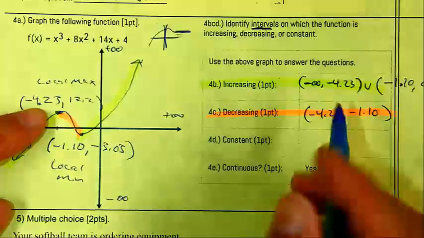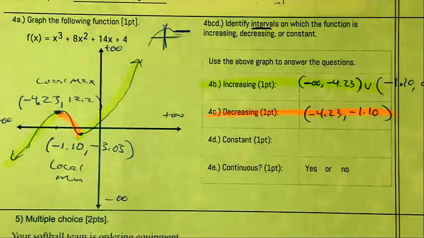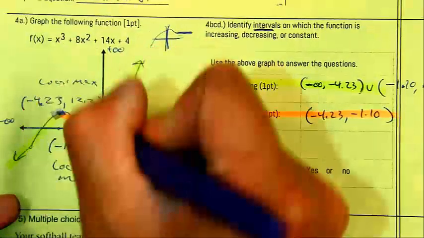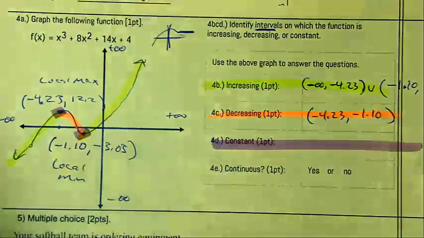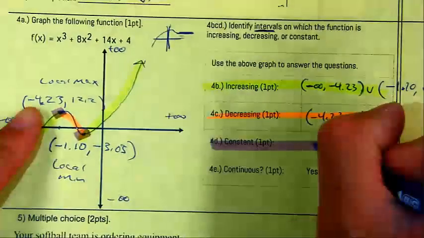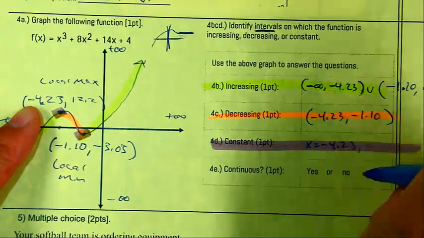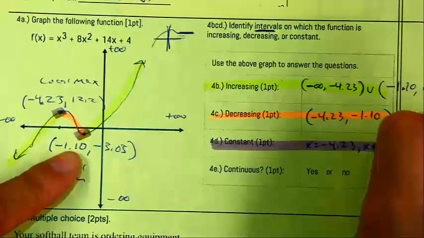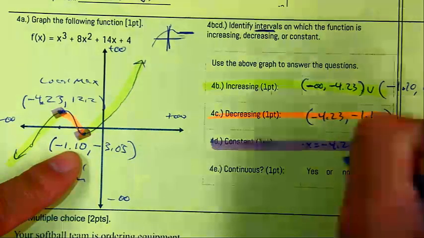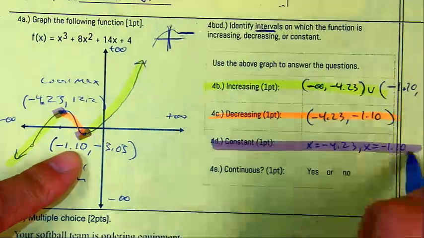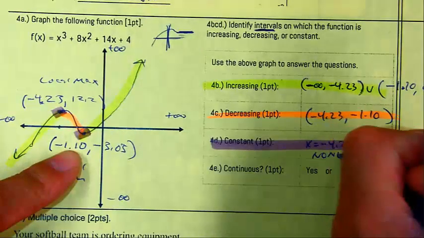So there's a couple of answers I would accept for full credit for this part right here in purple. You could say it's constant at x equals negative 4.23, you could say at negative 1.10, or you can also say none. So either these x values or the word none would give you full credit for 1 point.